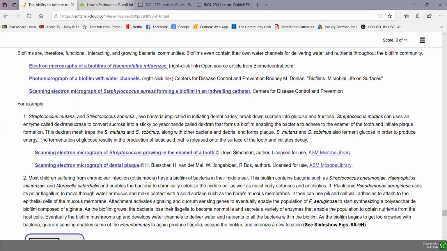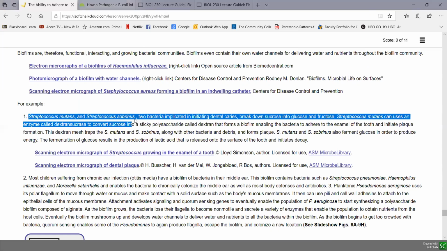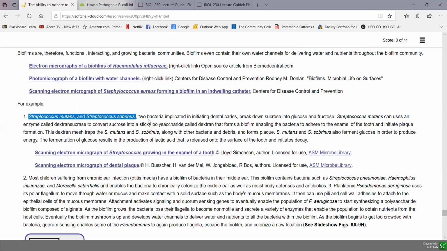Now, another good example of biofilm production is the formation of plaque on teeth from the microbiota in the mouth. So bacteria like Streptococcus mutans and Streptococcus sobrinus are two bacteria that are implicated in initiating dental caries or cavities. Now, these bacteria have enzymes that break down sucrose, table sugar, into its two monosaccharides, glucose and fructose, and they can eventually convert the fructose into more glucose.